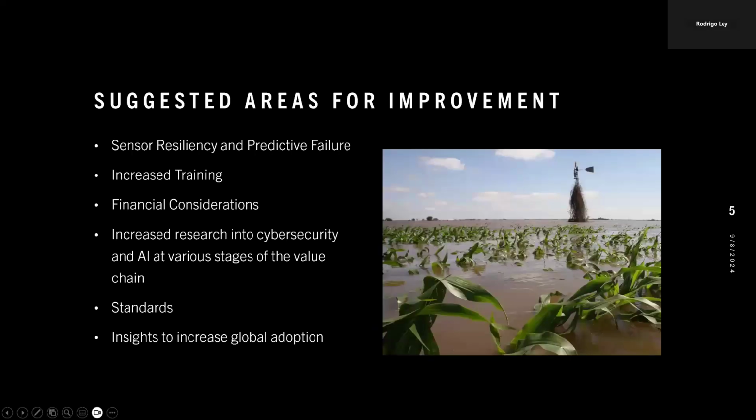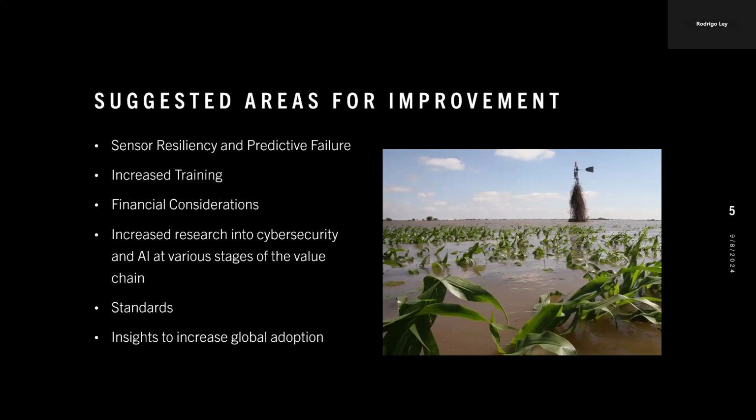So moving on, we noticed throughout our research that there are areas for improvement from different parties, where further research is needed in an area, or further focus is needed by industry.